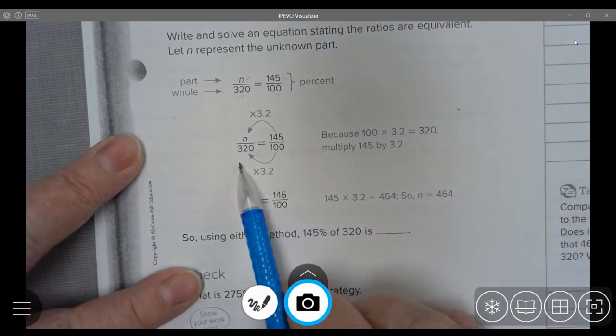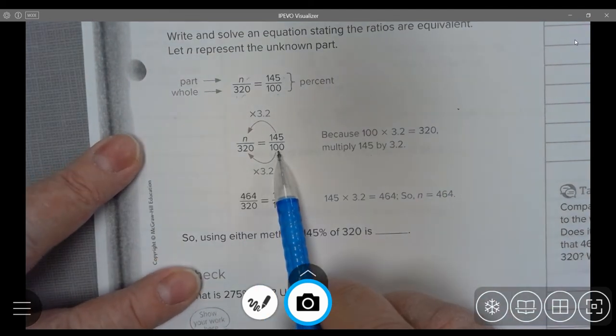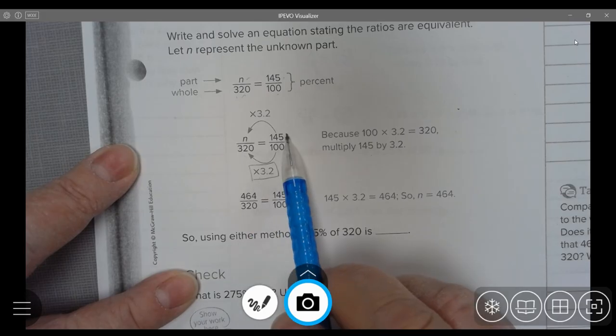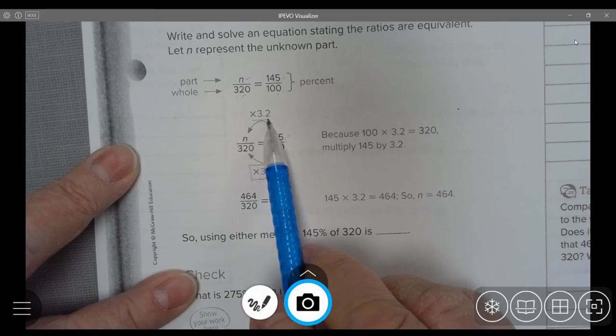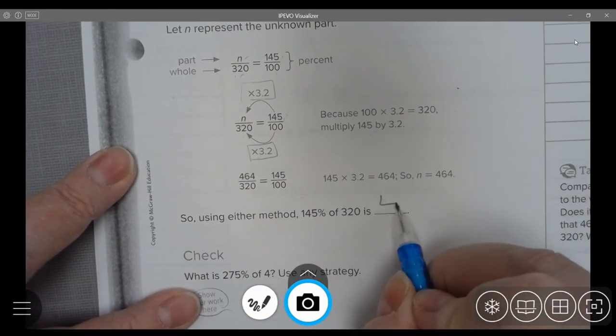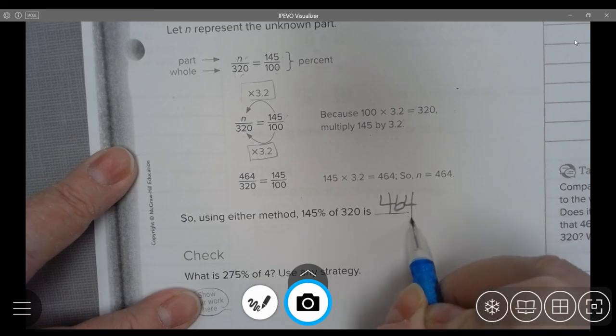So if I'm taking a look at the equivalents, I would say 100 to get to 320, we need to multiply by 3 and 2 tenths and do the same thing for the top number, 145. 145 times 3 and 2 tenths would give us the 464.